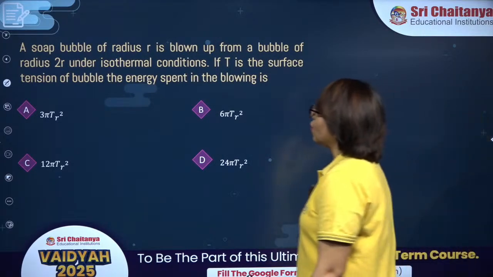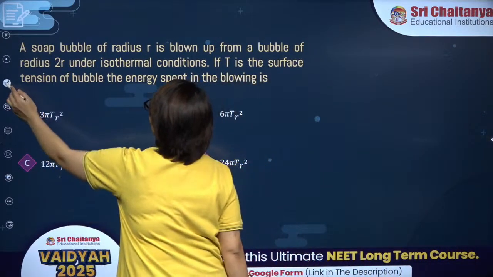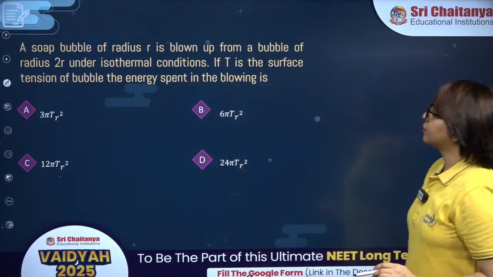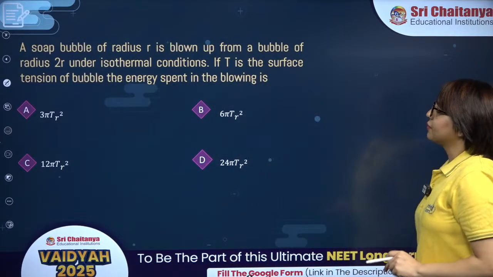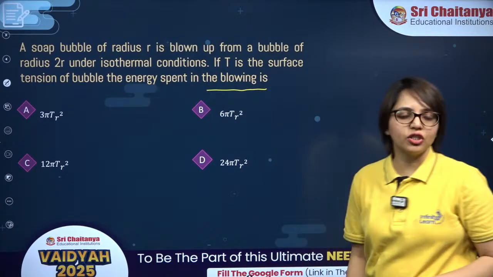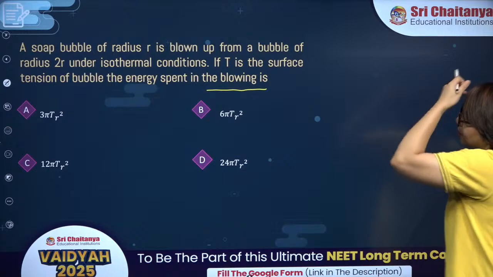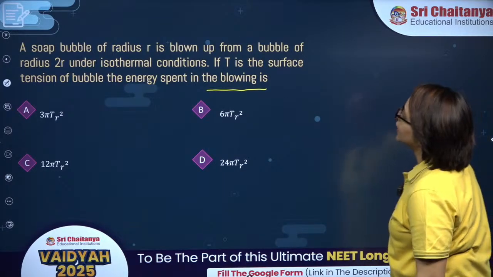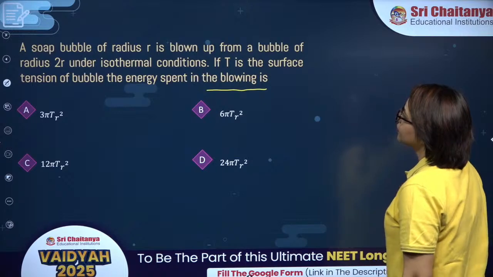A soap bubble of radius r is blown up from a bubble of radius 2r under isothermal conditions. If T is the surface tension of the bubble, the energy spent in the blowing is. What is the energy spent? For a soap bubble, how much work or initial energy can we find?